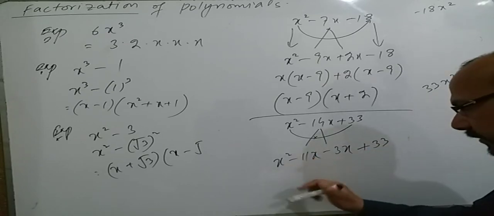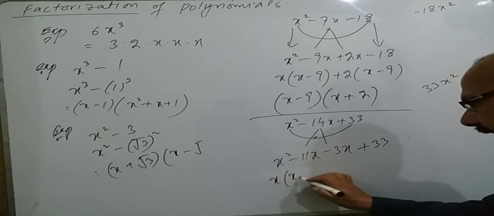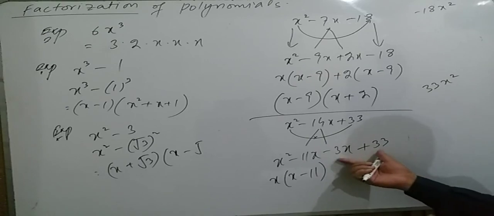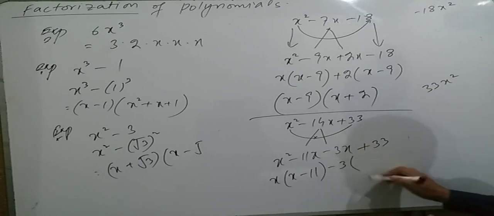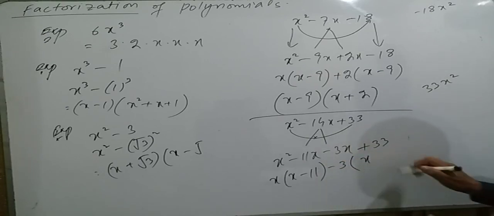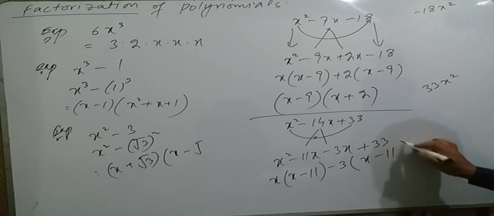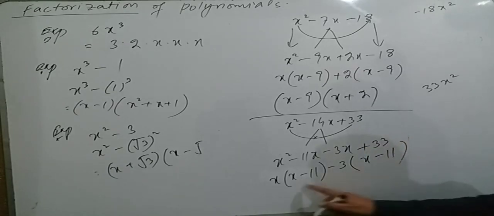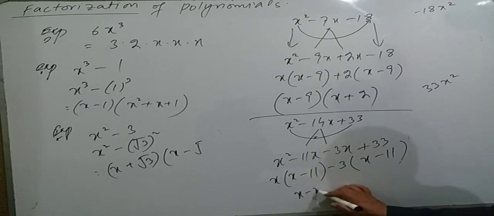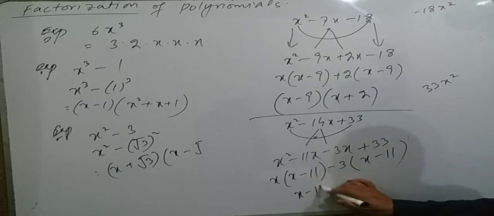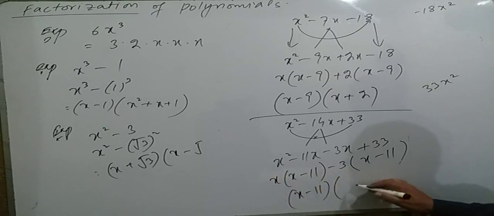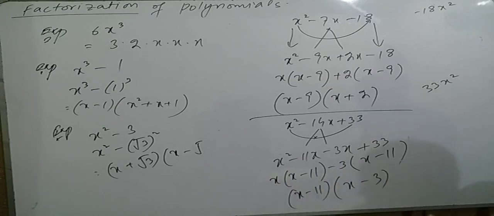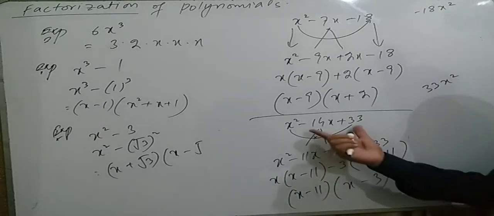Now what is common in these two? X. What will remain? X minus 11. What is common in these two? Take minus 3 common. This minus will become plus x and this plus will become minus 11, because 11 threes are 33. Now these two are the same. So take x minus 11 as a common element. What will remain? X minus 3. Now this is the factorized form of this expression.